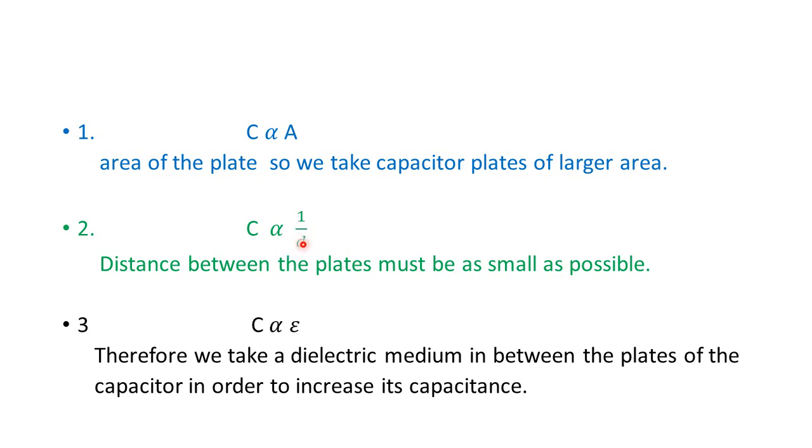So we try to keep the gap between the plates as small as possible. And third, it is directly proportional to permittivity of the medium. So we fill up the gap between the plates of the capacitor with a medium having certain dielectric constant. So in this way we can increase the charge storing capacity of that parallel plate capacitor.